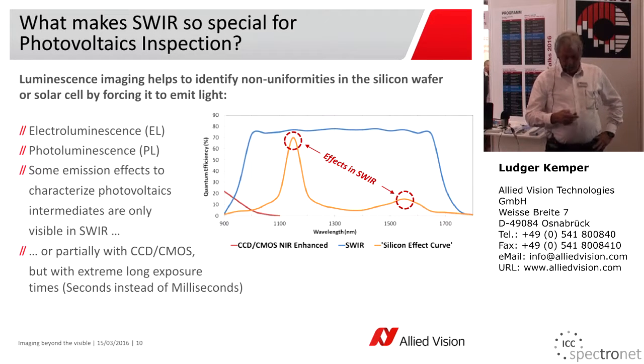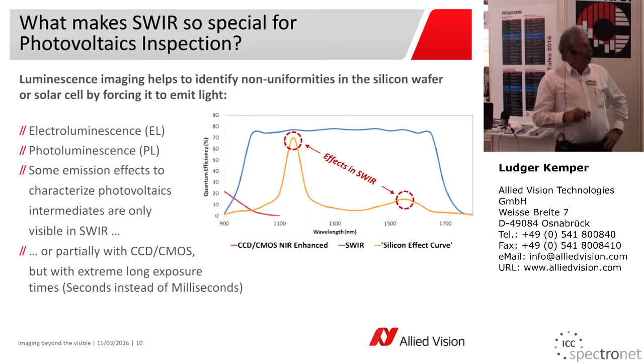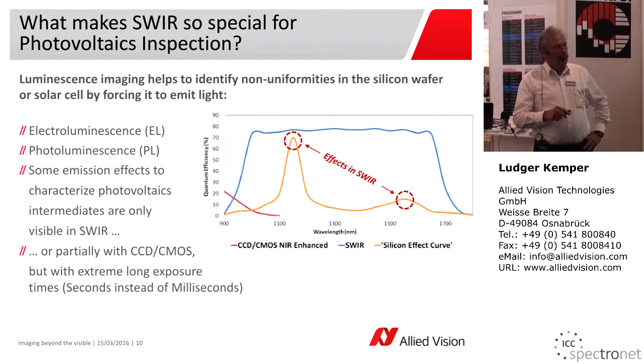And you see here a typical silicon defect curve. You see here two peaks, one at about 1,100 nanometer, and also a defect band signal at 1,550 nanometers. And that is not a small peak, but the SWIR camera has a good quantum efficiency there, so that you can detect this signal in SWIR very fast.